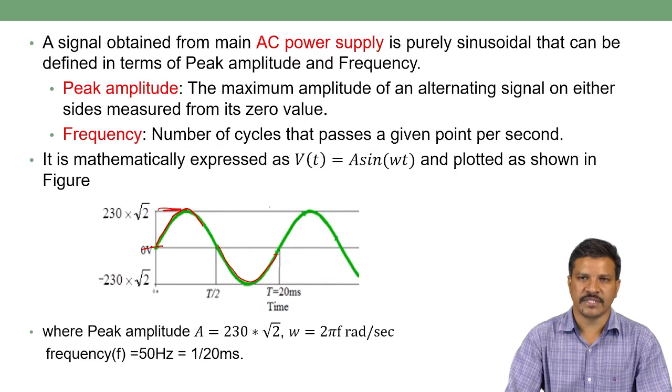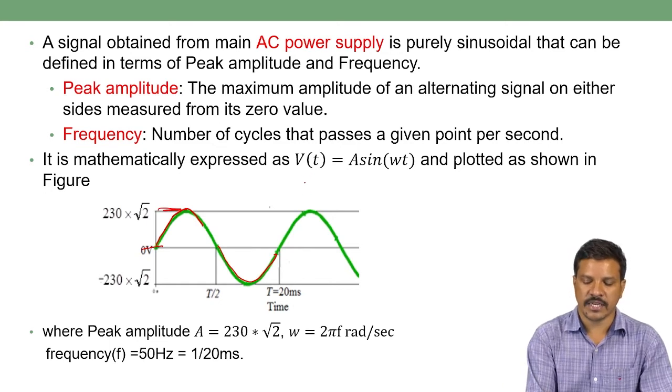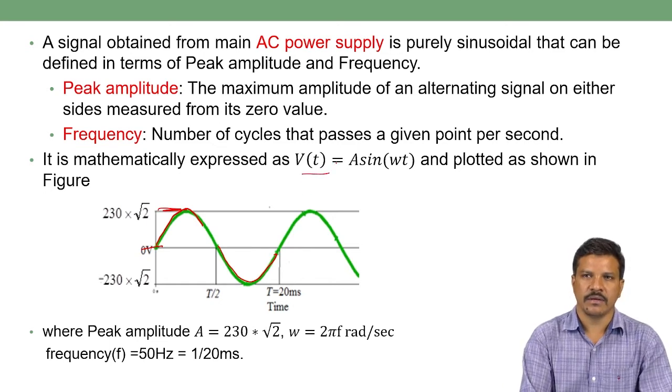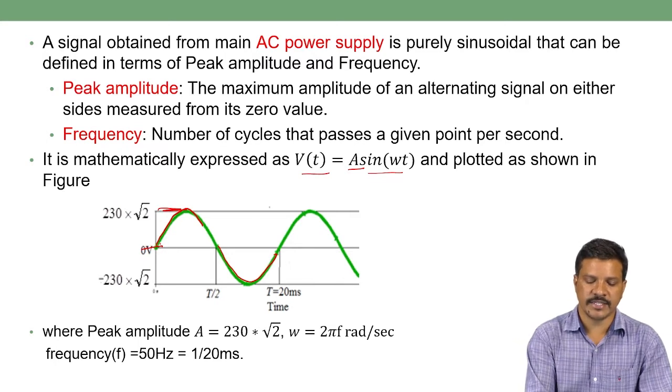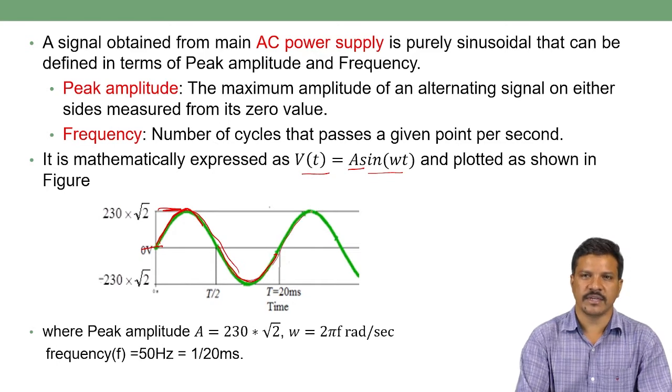Mathematically, any voltage signal is expressed as V(t) = A sin(omega t), where A is the amplitude and omega t is the frequency in radians. As shown in the figure, it is a pure sinusoidal signal with positive and negative cycles.